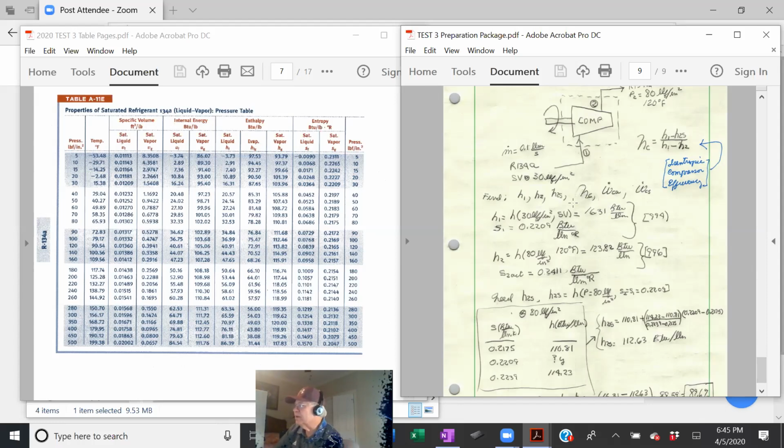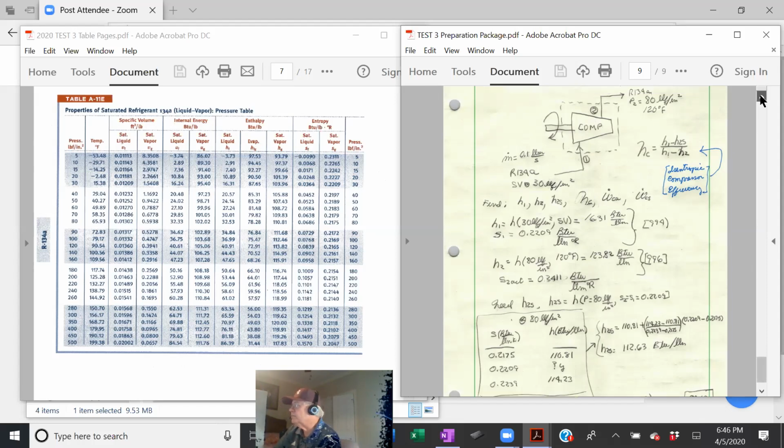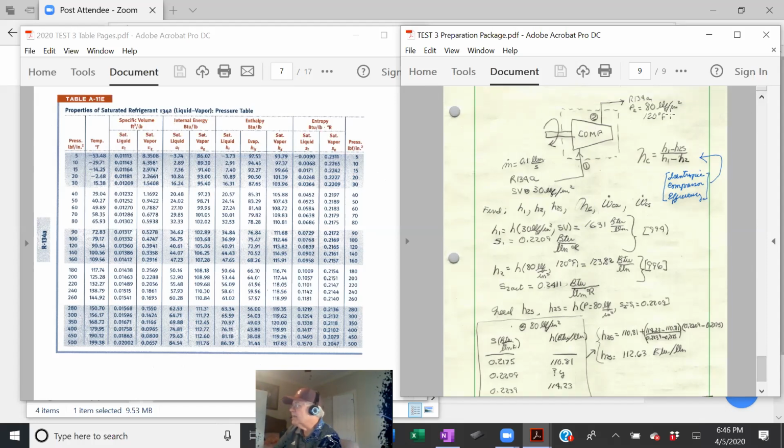I'll rework this, correct it, and I think I'll do a metric problem. So I'm going to stop the video right here, and there'll be a part 2 of this one where I go back and rework this problem. Sorry about that. I guess I just wasn't concentrating properly. Let's see if I got H2 right. 80 psi at 120 degrees. Now that's going to be saturated.